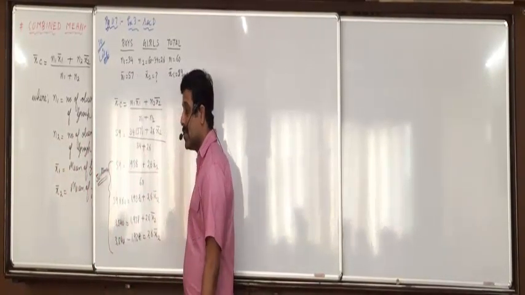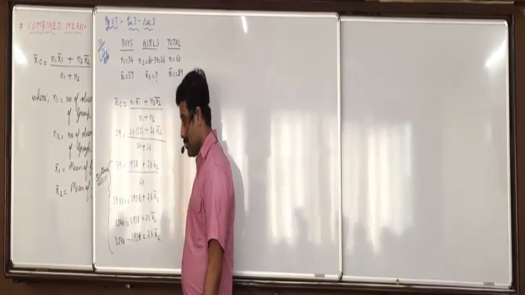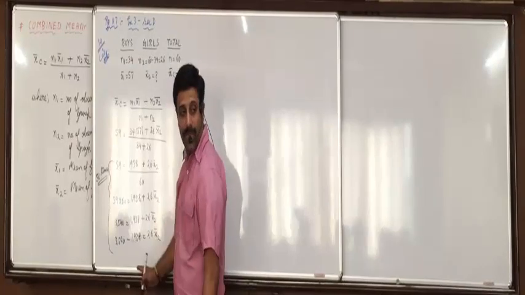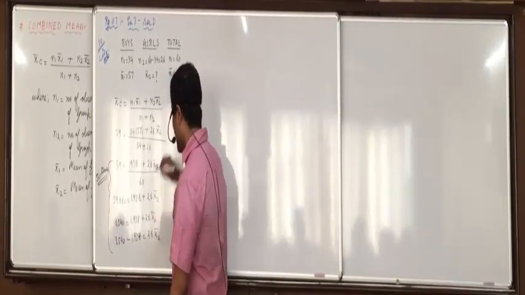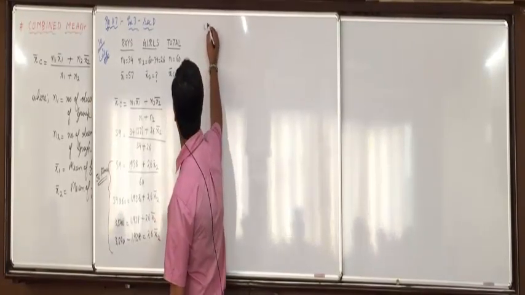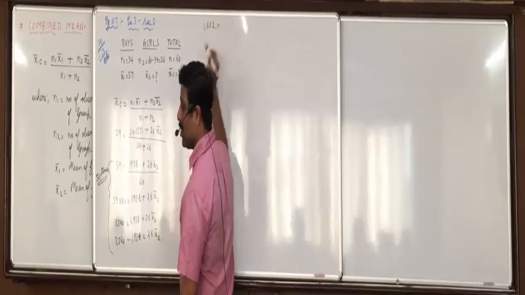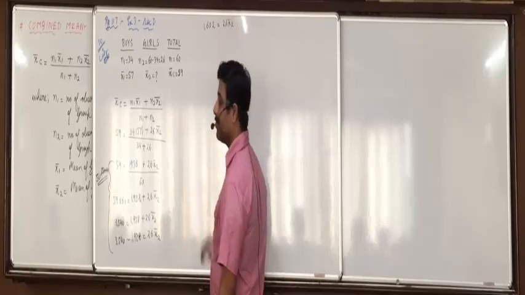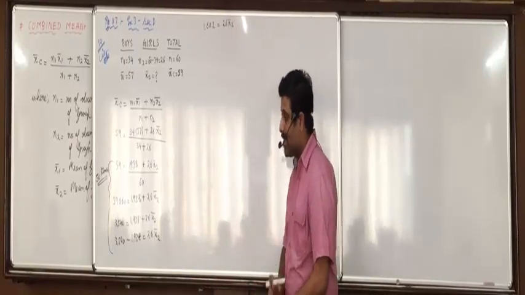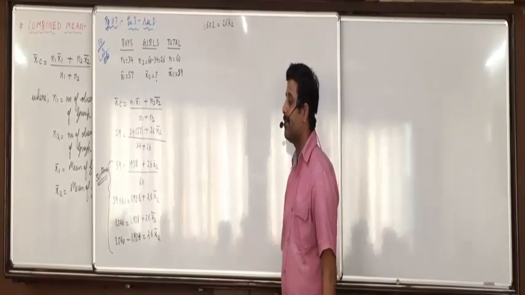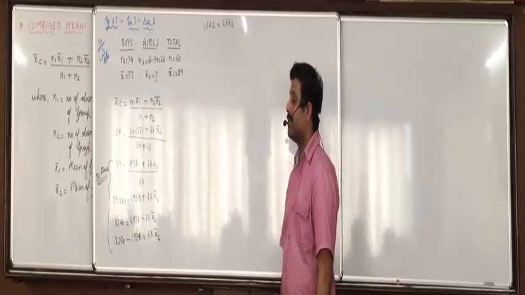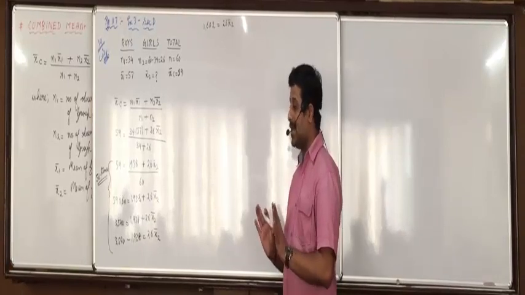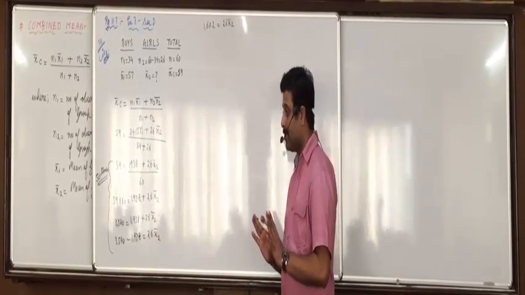Did you understand this? 3540 minus 1938, that is 1602, equals 26 X2 bar. Silence everyone. Watch the next step. You passed the 10th standard, no?